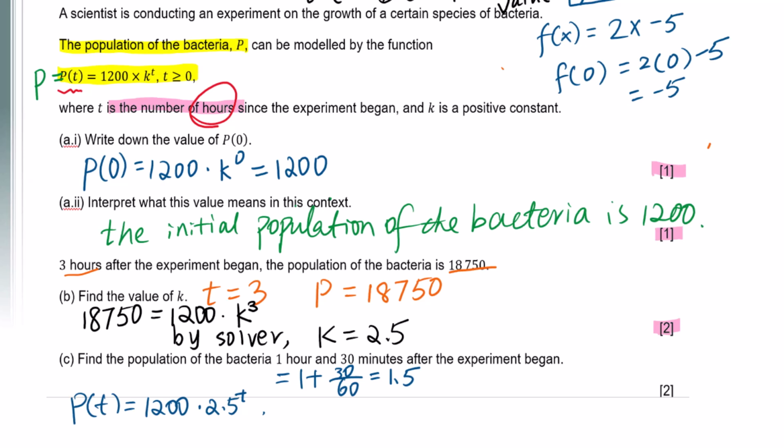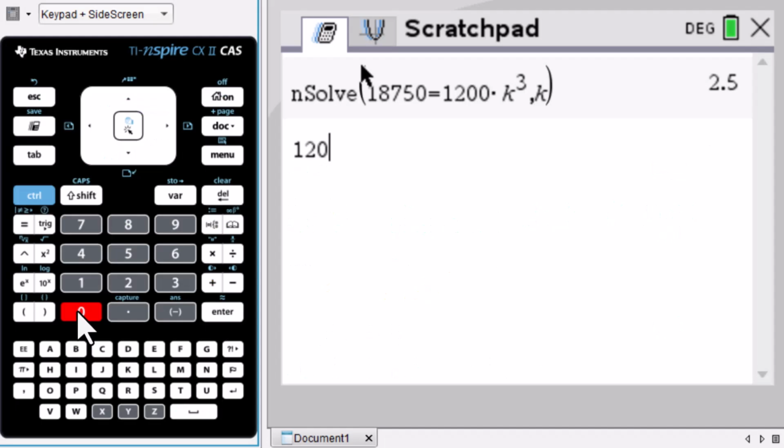We can use the function notation P of 1.5, or you can just write down P equals. It's really up to you. I will write down both for you. P of 1.5 equals 1200 times 2.5 to the 1.5 power.